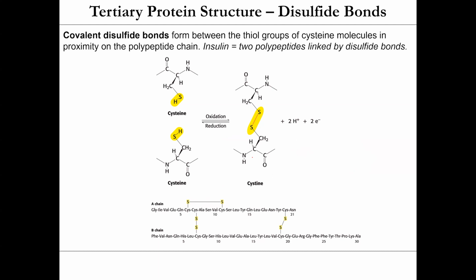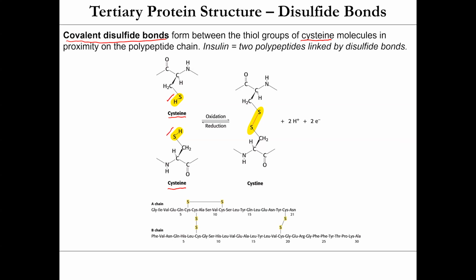Now, another important feature of tertiary protein structure is disulfide bonds. So these are actually covalent interactions that form between the thiol groups of cysteine residues that are in proximity on the polypeptide chain. So here you can see we have two cysteine amino acids with these thiol groups here.